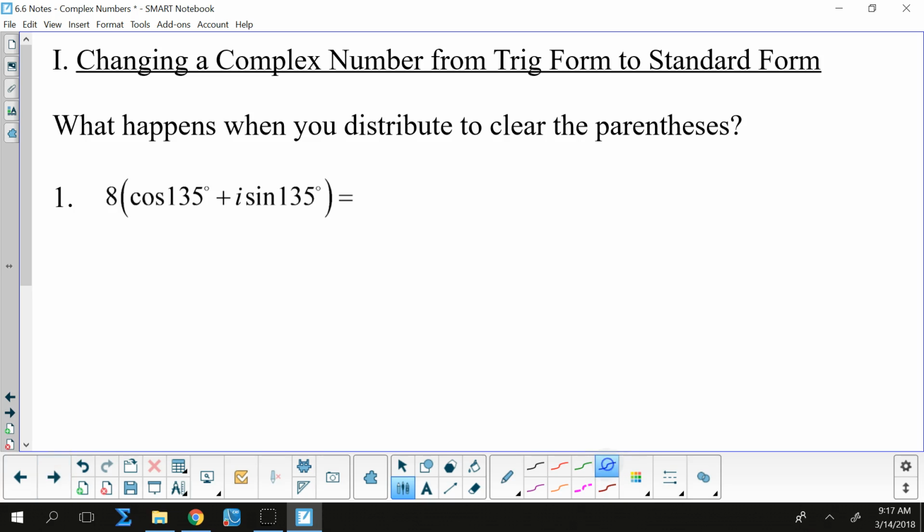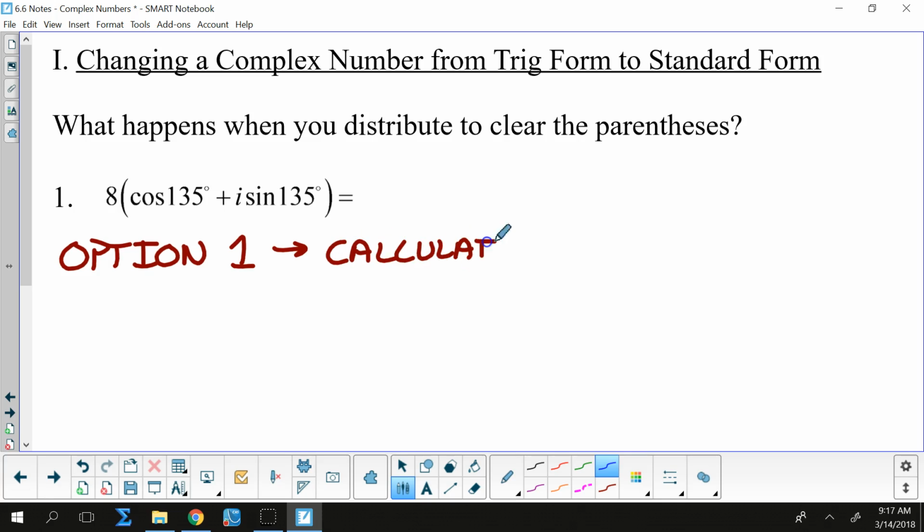So, let's talk about option number 1. And option number 1 is the calculator option. Option number 1 works no matter what.